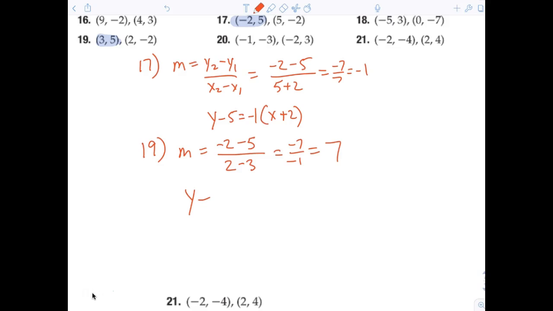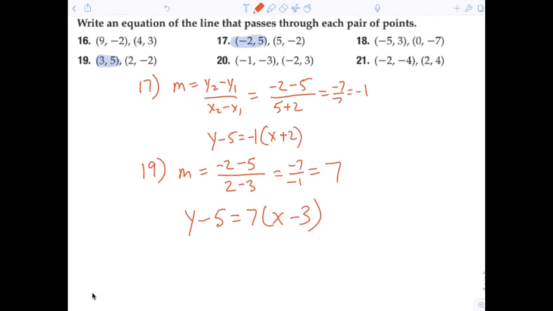Negative 5. y minus 5 equals 7, x minus... Good. We're done. Perfect.